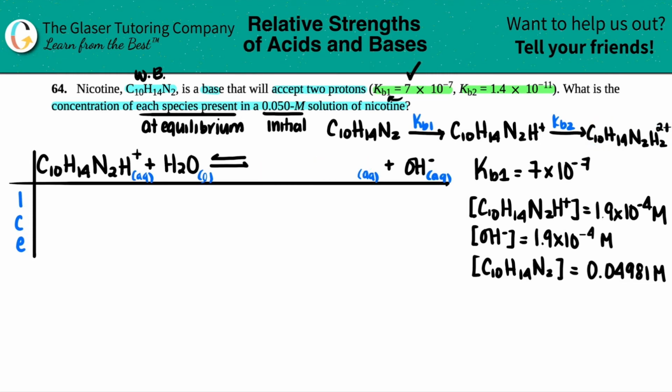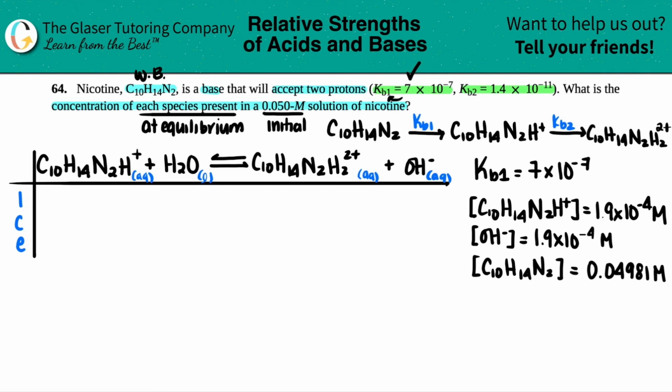So this new product, still acting as a base, is C10H14N2H2. And now that's a 2+ charge. Because plus 1 is 2+. Okay. So now, here we go.